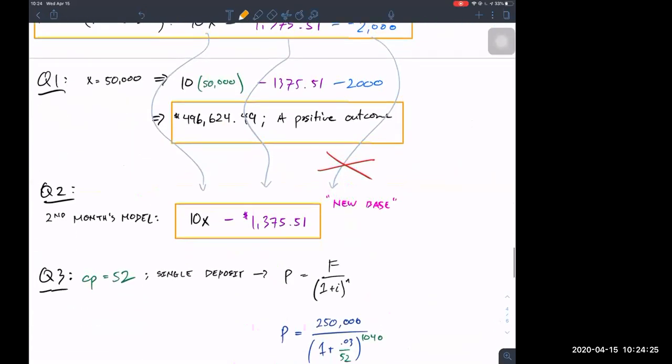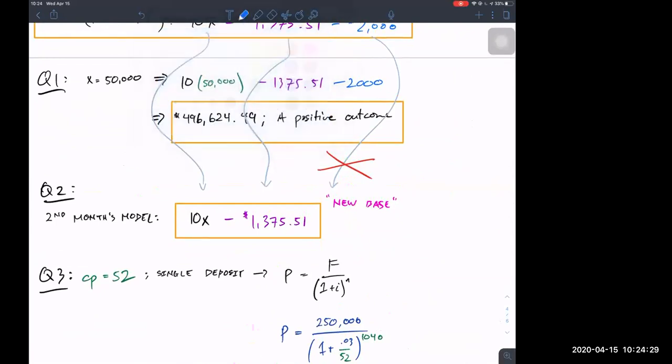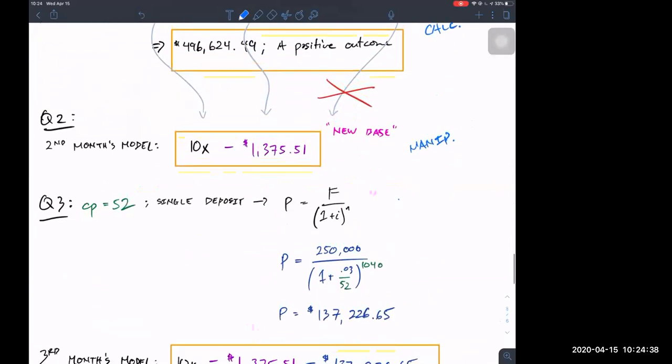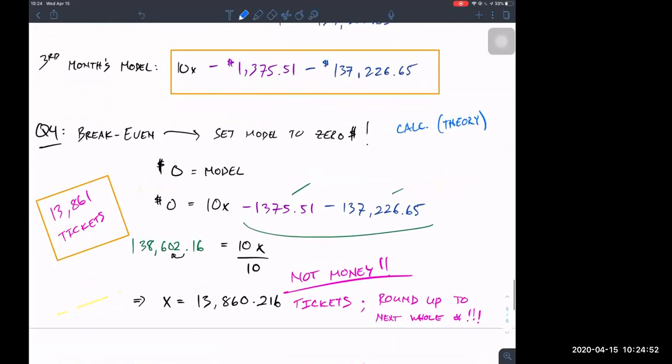those are the bullets. Question one right here, if you want to write this for yourself as well. This one was a calculating question. This one was a manipulating. So is this one. And then this one is, it's more calculating based, but you can kind of say it's a little bit of theory because you have to remember the break-even aspect, but I would consider it still more a calculating question right there.